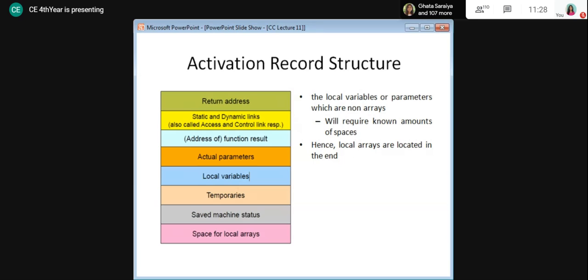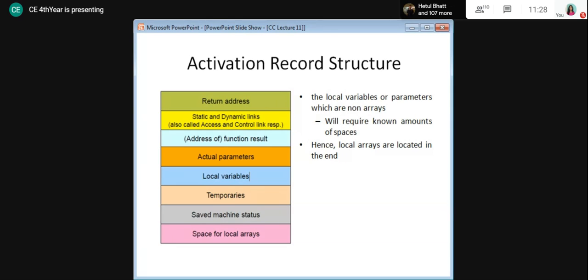This is how we have all the activation record fields stored in the AR. In short, it is called AR, activation record, which is maintained in the form of a stack.